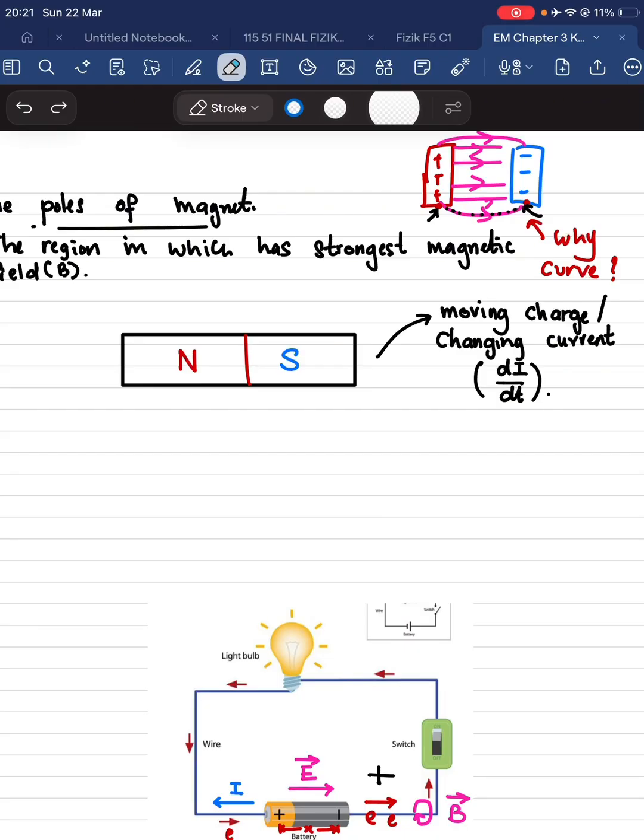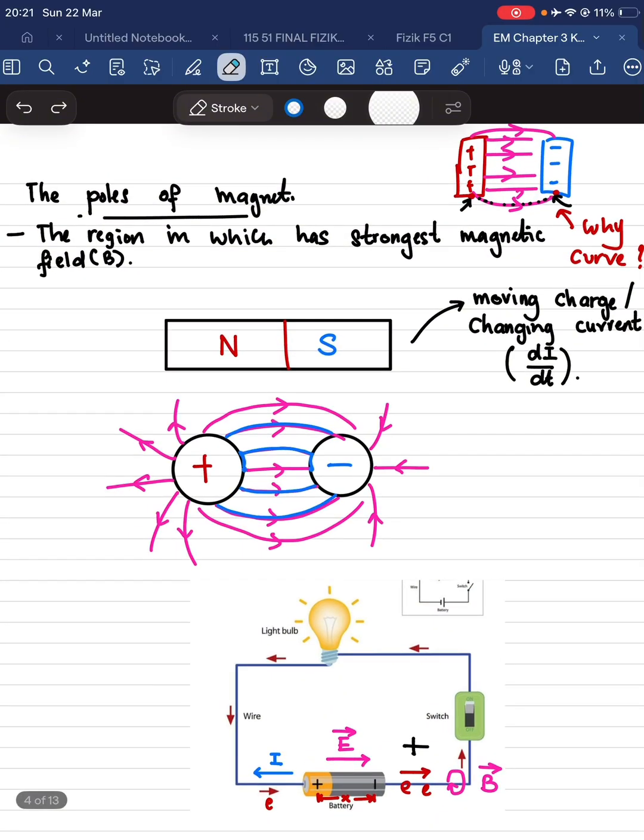But in order to have magnetism, we need to have changing current, right? Which means that there is an alternating current, di over dt. So the current must not be constant. If the current is constant, we won't have magnetism. Okay, so we only have electricity, but in order to have magnetism, we need to have a changing current, di over dt.